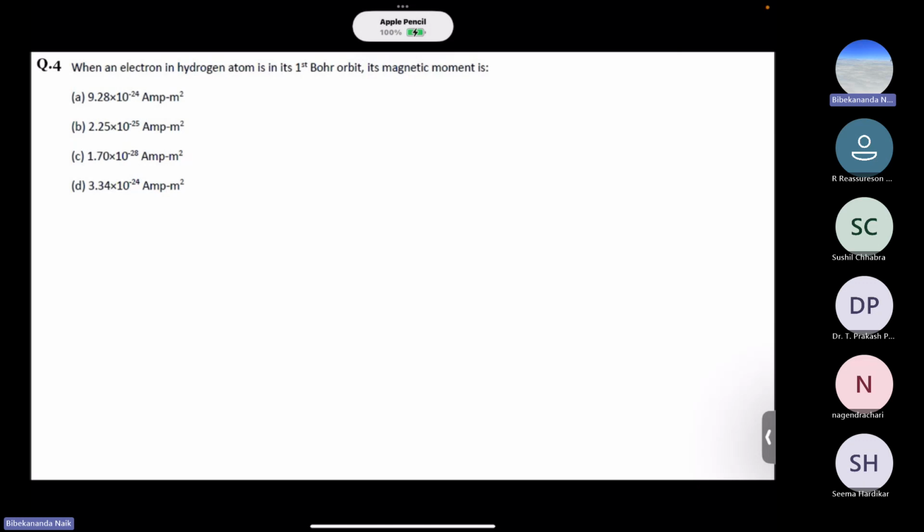Can anyone tell me what will be the magnetic moment if the electron is in its first Bohr orbit? We had discussed a similar type of question in the last class.